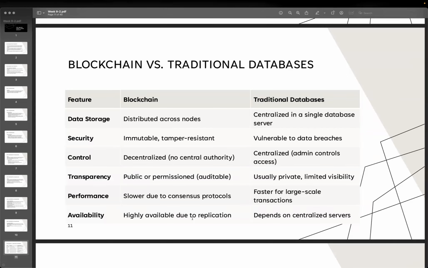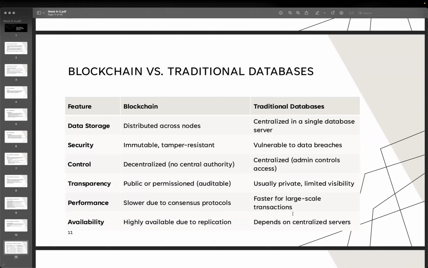Say we use a CDN or load balancing with distributed servers, but all the content is still kept in centralized servers. Of course, the nodes involved in a blockchain will be more than you would expect.